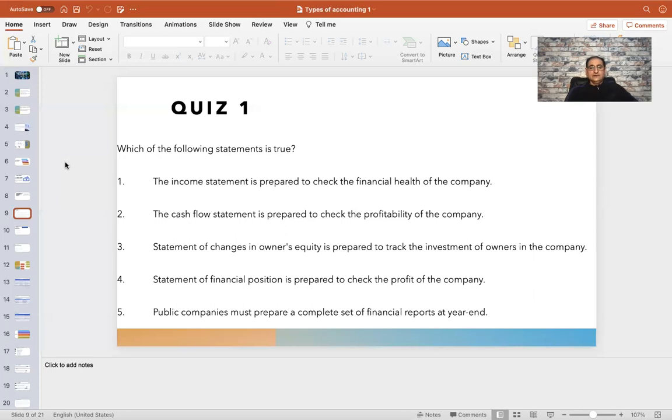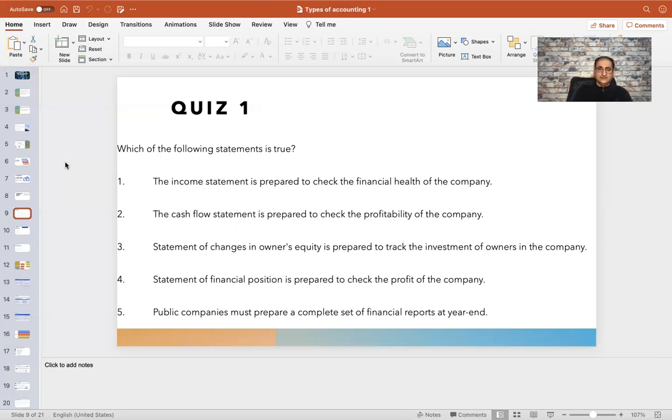Statement four is that the statement of financial position is prepared to check the profitability of the company. So what do you think about this? This statement is not true, because the statement of financial position is prepared to check the financial position, the financial health of the company.